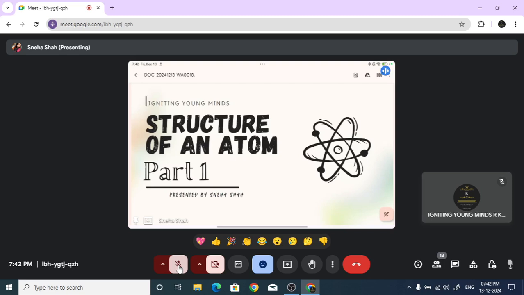So let's begin with the structure of an atom. This is part one, where we will be understanding only the discovery of various particles and how experiments were taken up by various scientists to finally give a specific structure of the atom.